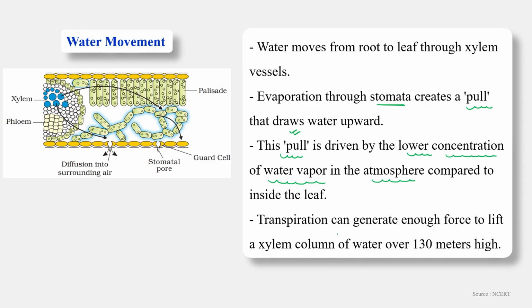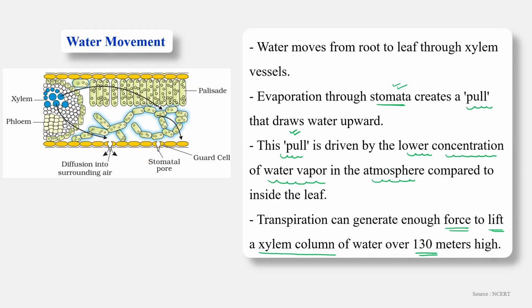Okay, so transpiration can generate a force to lift a xylem column of water over 130 meters of height because of this transpiration pull. And this transpiration pull is created by the stomata, which continuously evaporate the water.